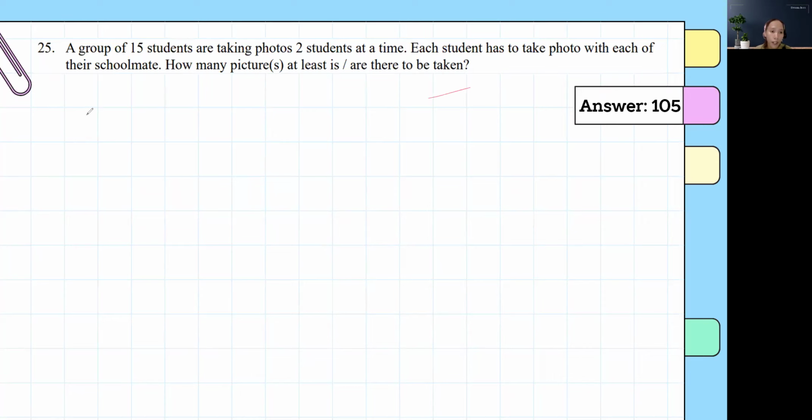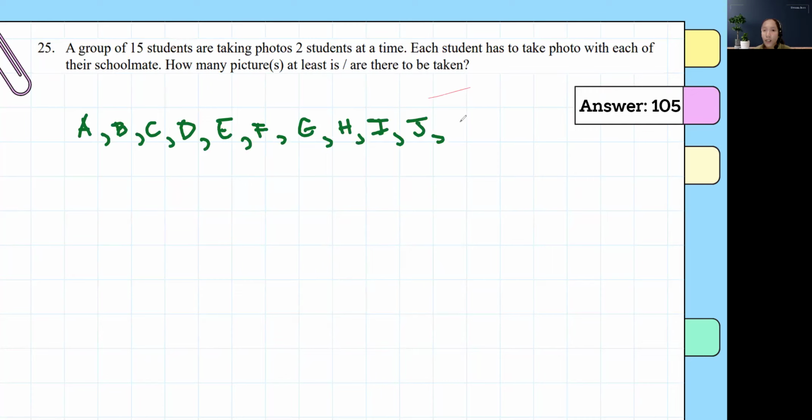We have A, B, C, D, E, F, G, H, I, J, K, L, M, N, O. If you want to do it manually, this is the way. 1, 2, 3, up to 15. So that's 15 letters, representing the 15 students.